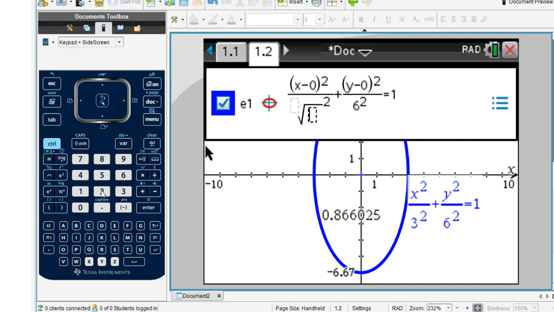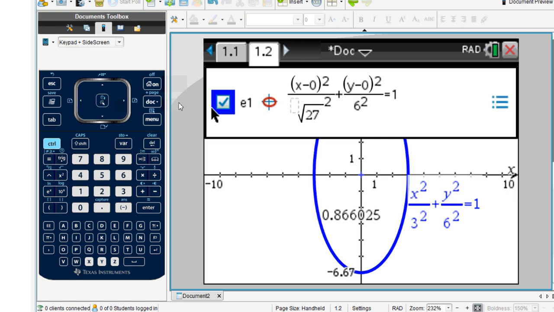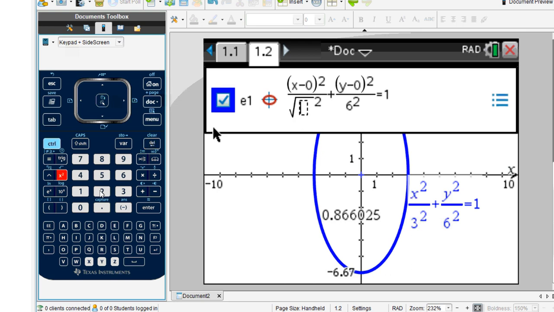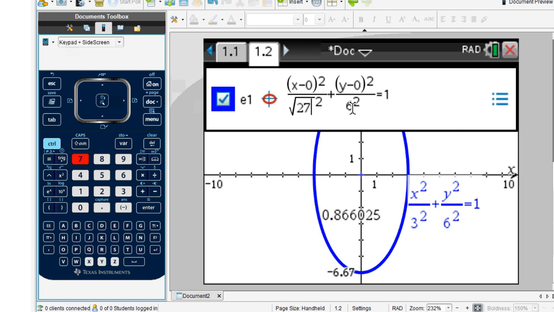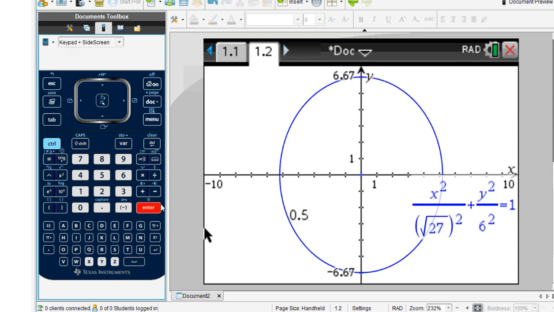Square root of 27. I hope we don't get an error there. Okay, let's try it now. Square root of 27, squared, that looks better. And over here, that's still going to be 6 squared, so that'll be fine. Press enter. That's what we get.